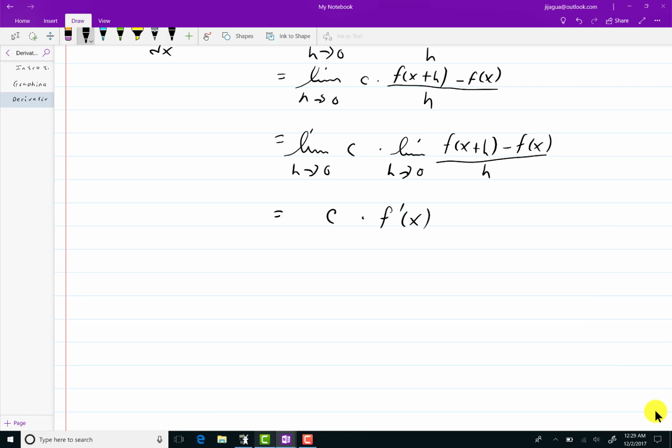So the derivative of c times f of x equals c times f prime of x. They call this the constant multiple rule.